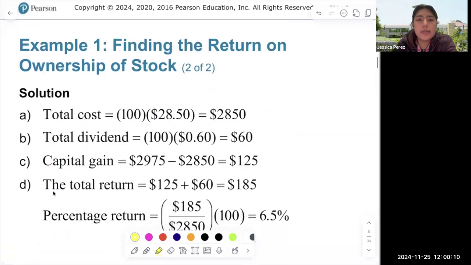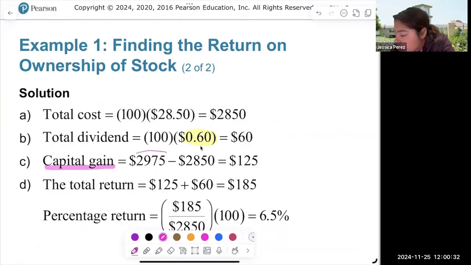The total cost will be 100 times the cost of the share. You bought it for $2,850. Your dividend is your 100 shares times the 60 cents of the dividend. That's $60. Now the capital gain: $29.75 is the new price, so $29.75 times 100, minus how much you paid for it. You paid $28.50.